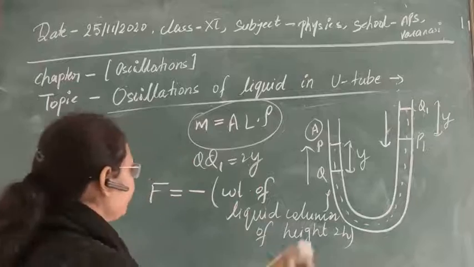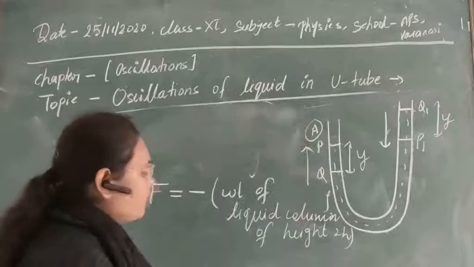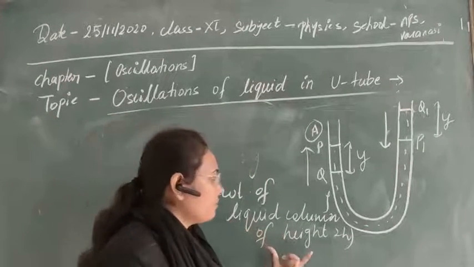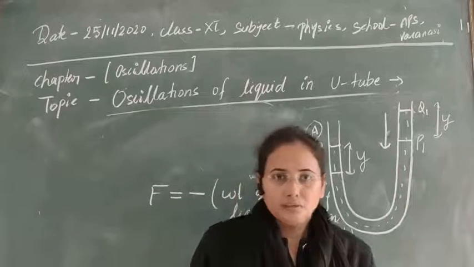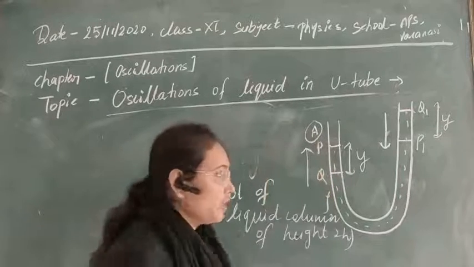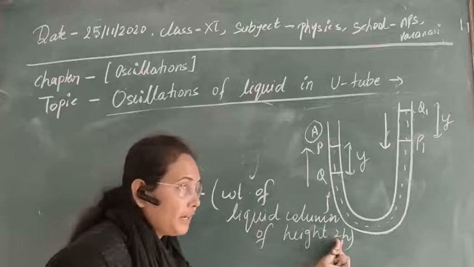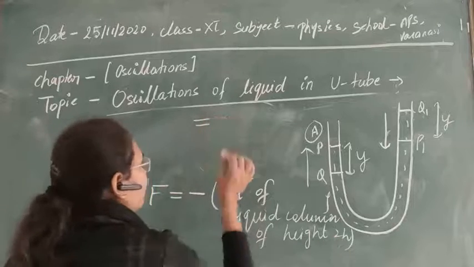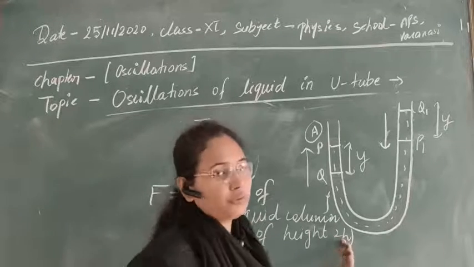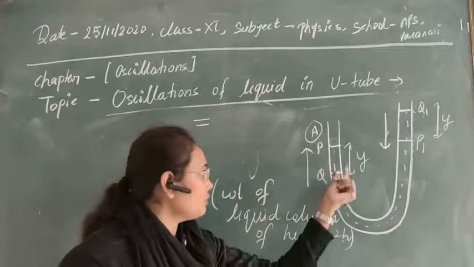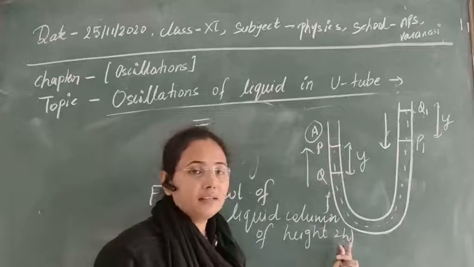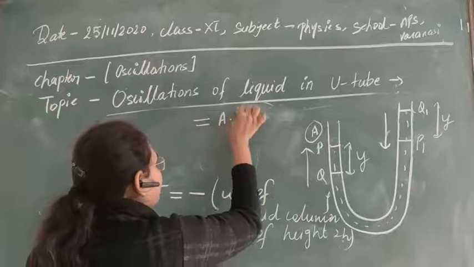So what will be the value of it? As you know, the weight of the liquid column is equal to mass into gravity, simple. So what is the mass of the liquid column of 2h height? First of all, what is the volume of the liquid column of 2h height? Volume is equal to cross-sectional area into this height, so A into 2h.